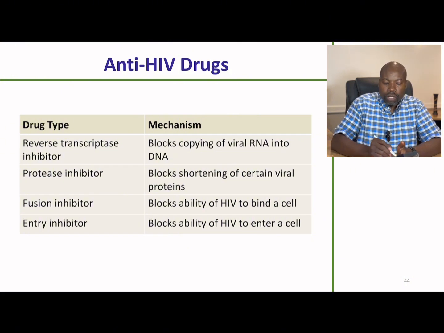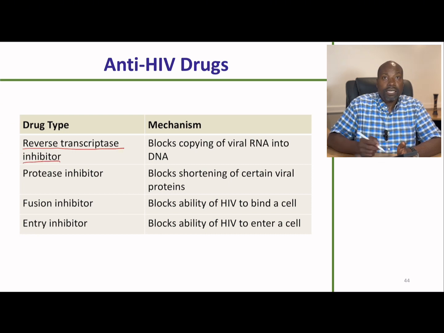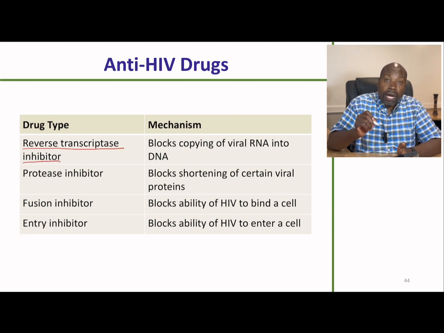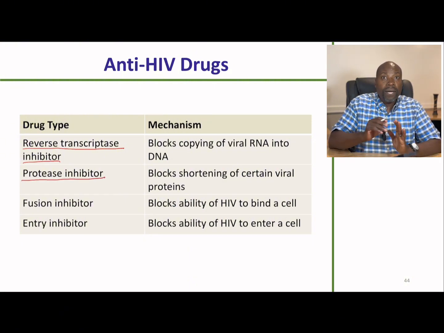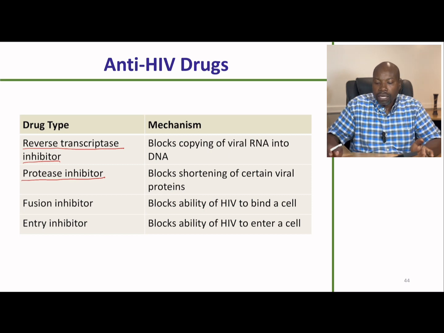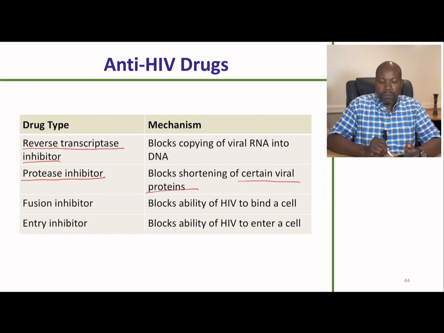All right. So, what are some drugs that are used? We have some reverse transcriptase inhibitors, right? These ones are going to block the reverse transcriptase enzyme, right? We have the protease inhibitors. These ones are going to block the shortening of certain viral proteins.